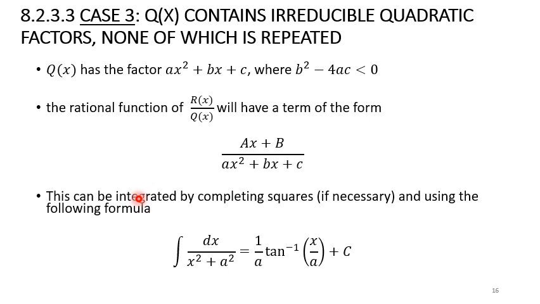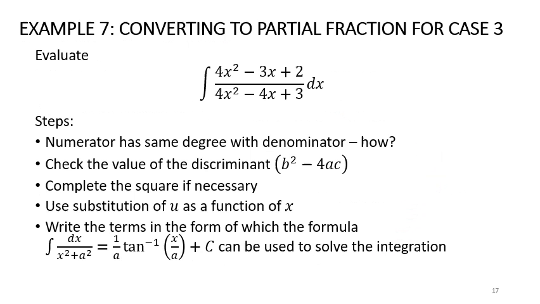You have to convert the fraction into something that looks like this so that you can use this formula. For example, 1 over x squared plus a squared, integrated with respect to x, you can use this formula straight away. So we want to convert those into this form.